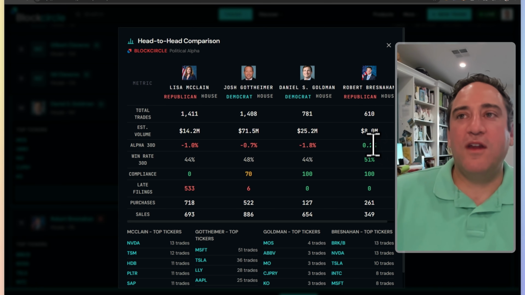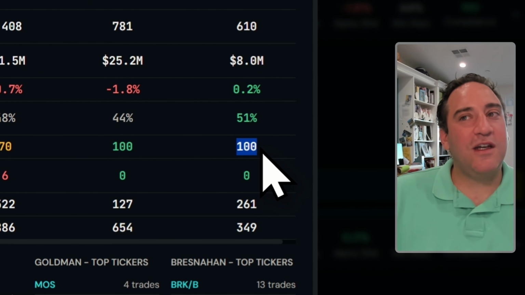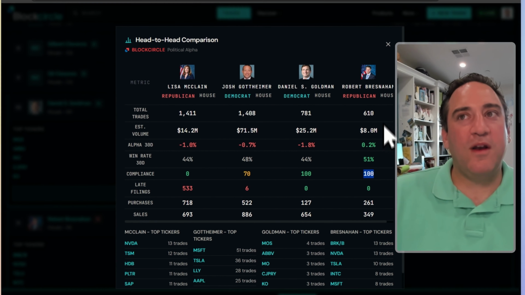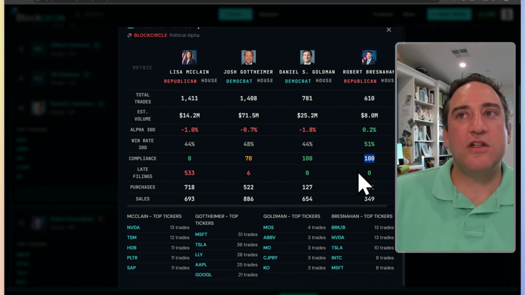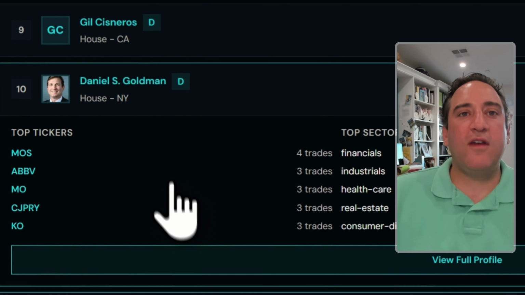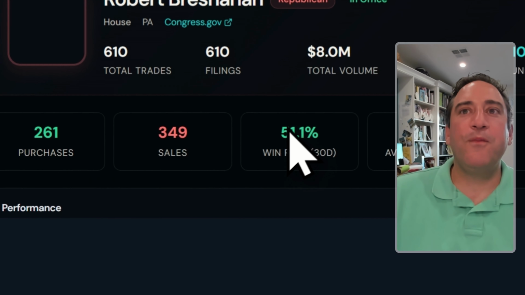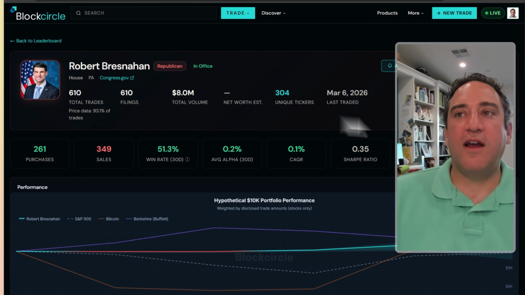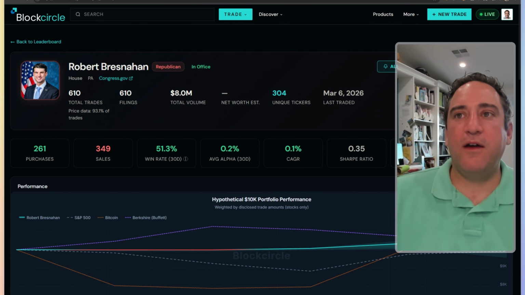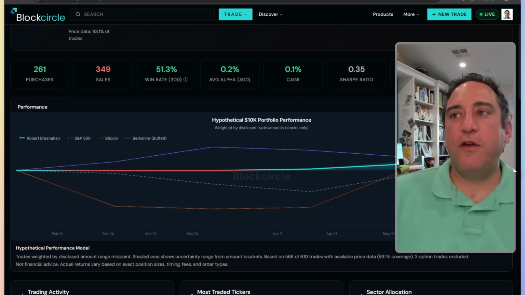Robert's actually the highest performer in terms of alpha, and he has the highest win rate, and he's 100% compliant, which is interesting. That's definitely somebody I would be paying close attention to. If you want to see who Robert is, you just click their profile, and you'll see what their drawdown is, and also how they're performing.